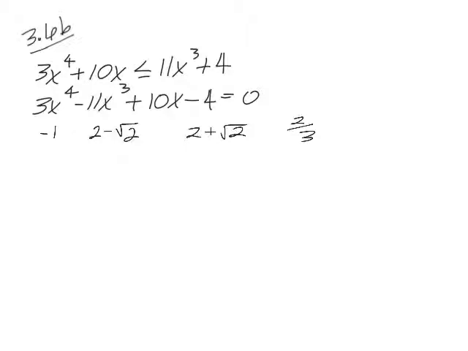So we have an interval over here, an interval between here, an interval here, an interval here, and then an interval here. So we have 1, 2, 3, 4, 5 different intervals.